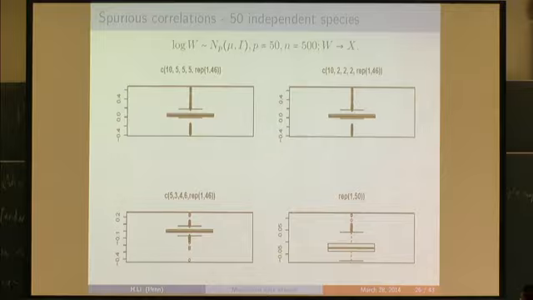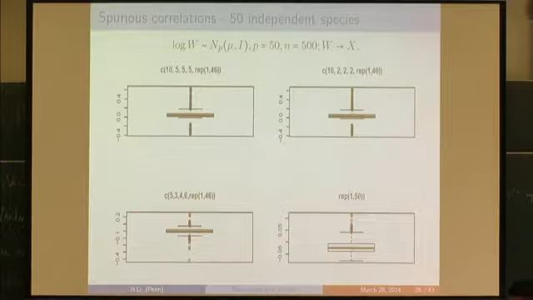And this spurious correlation depends on the distribution, on the structure of the mean. The most severe case is if you have a few very abundant taxa and a few low abundant taxa, you will see a lot of spurious correlation.